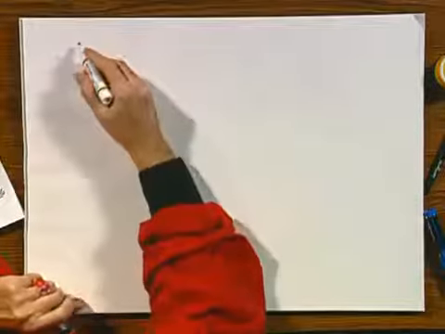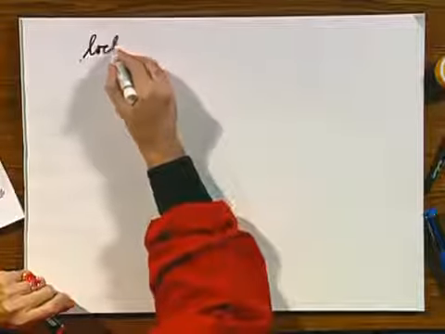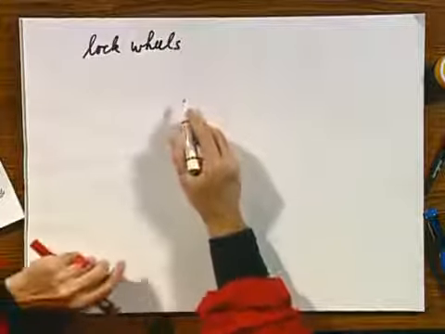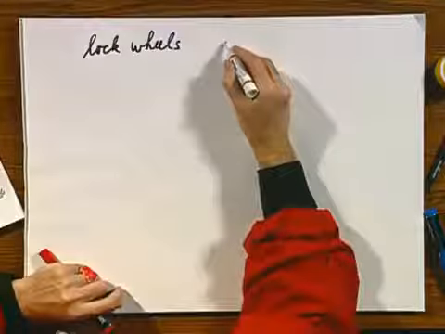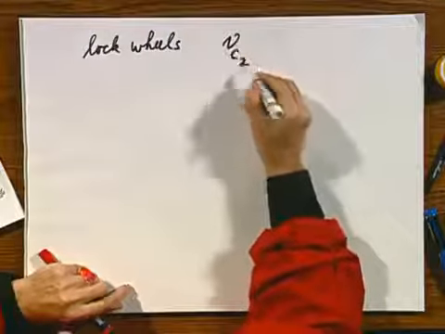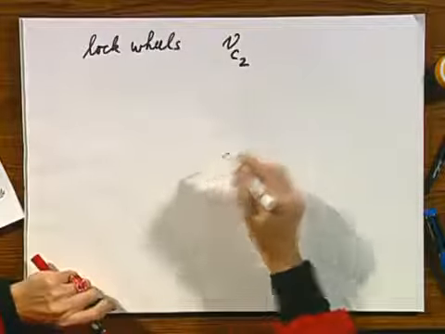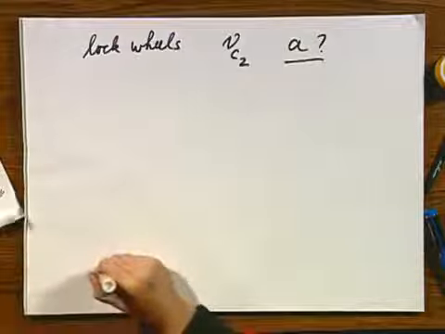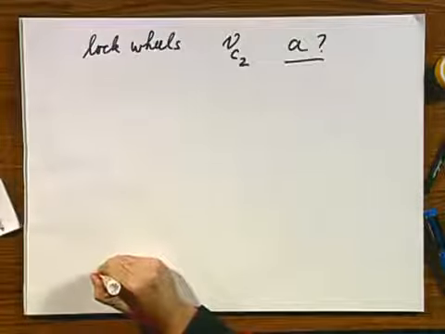Now we are suddenly going to brake and we lock the wheels. We do this braking until the velocity of the center of mass has reached a value Vc2. And the question now is, what is the acceleration of the car?